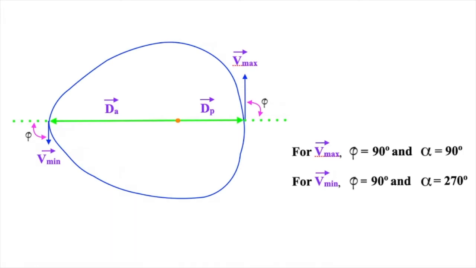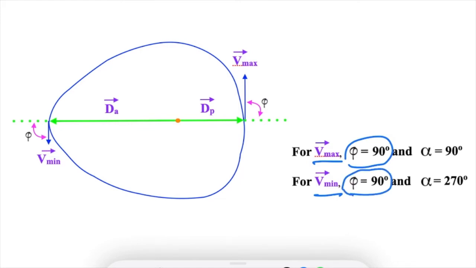So this slide summarizes the relationships between the velocity vectors and the displacement vectors at perihelion and aphelion. And again, the take-home points are that for both Vmax and Vmin, phi equals 90 degrees.